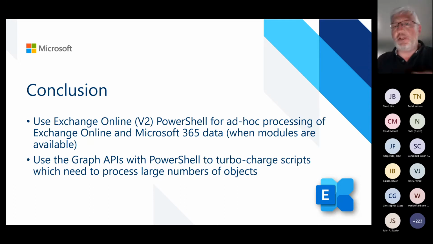So keep on using PowerShell. No reason to stop using PowerShell. But if you want to turbocharge things, use the graph APIs. That will absolutely give your scripts a new lift and allow you to get the scripts running much faster and possibly even more securely if you do them over on Azure automation.